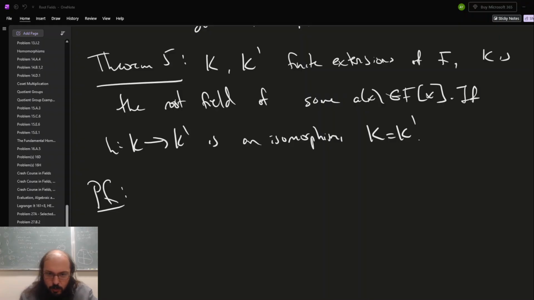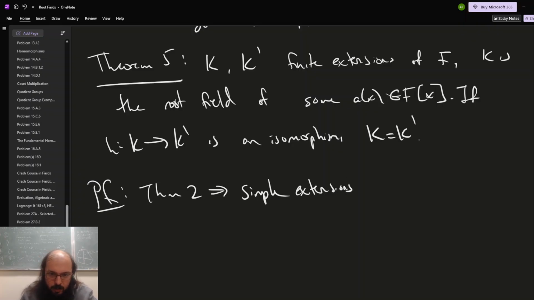From Theorem 2, these are simple extensions, right? I can replace the root fields with, I don't know, F adjoin alpha, here's some beta.